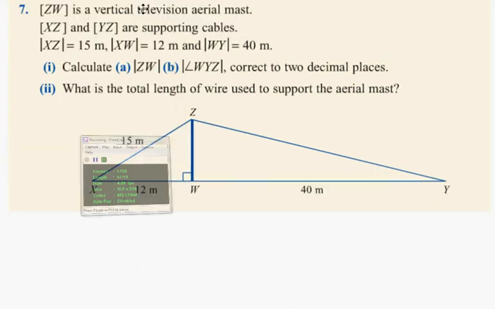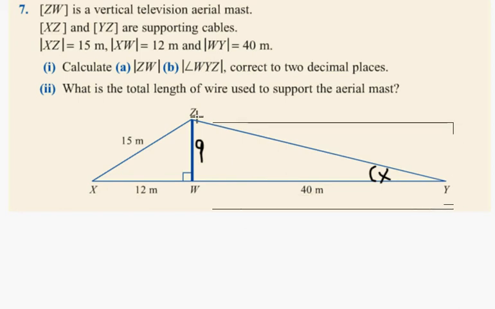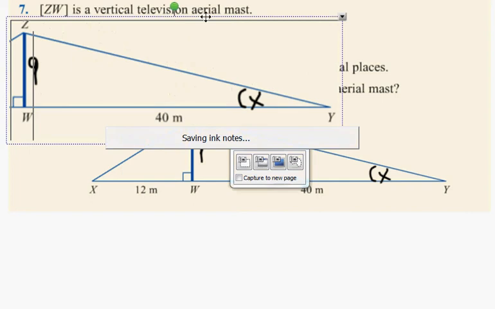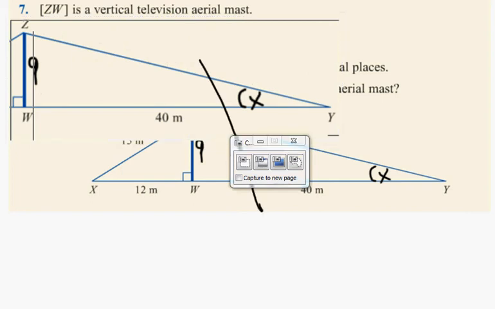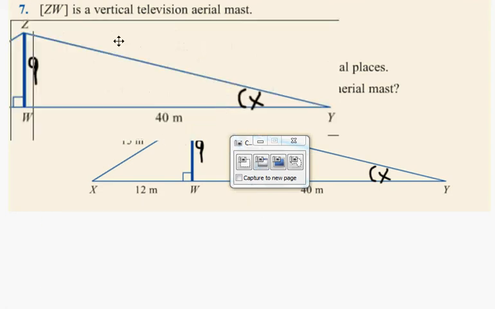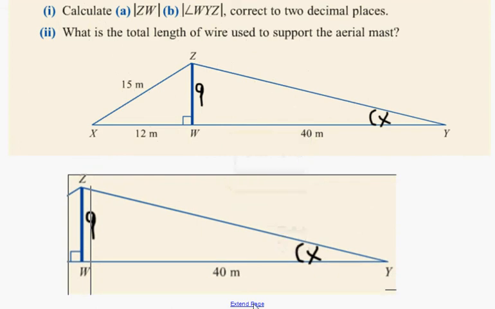What we have here, guys, is the first answer is 9. Okay, and then we said we're going to call this angle X, and we're going to figure out what angle X is. Now, if you look at this part here on its own, the triangle to the left on its own, what you have here is 9 and 40.